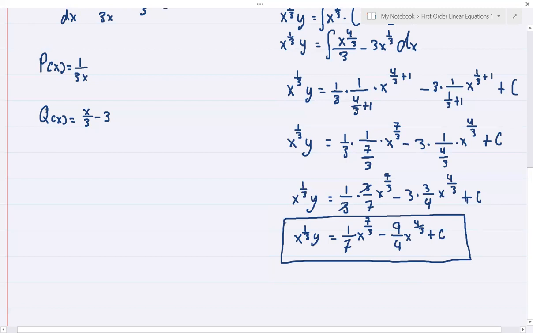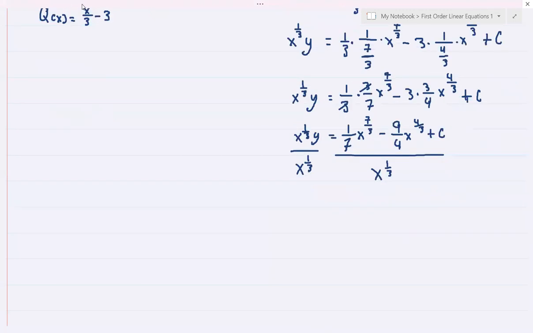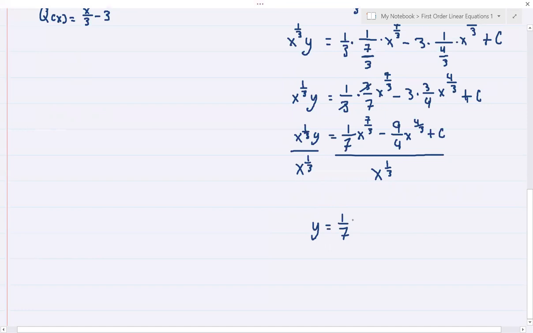Okay, this could be. Or if you want to simplify further, we can divide both sides by x raised to 1 third. We can do that. So if that's the case, if we're going to simplify it, we will have y is equal to 1 all over 7 times x raised to, for this one, from x raised to 7 all over 3, this would be squared.